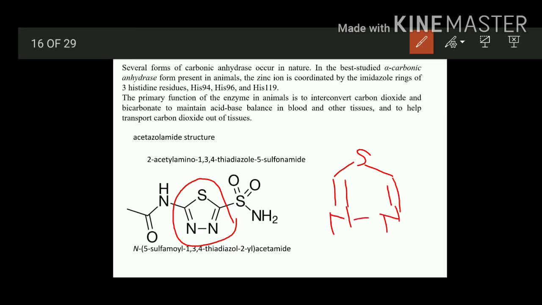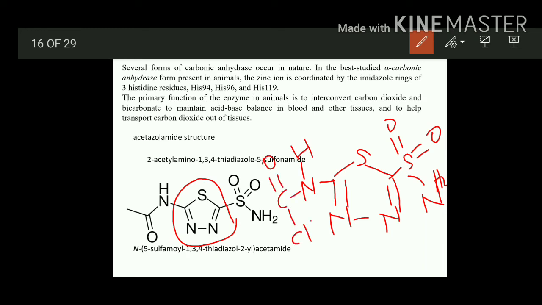This is our basic molecule. Here we have a sulfonamide side chain, then followed by an acetylamino group.